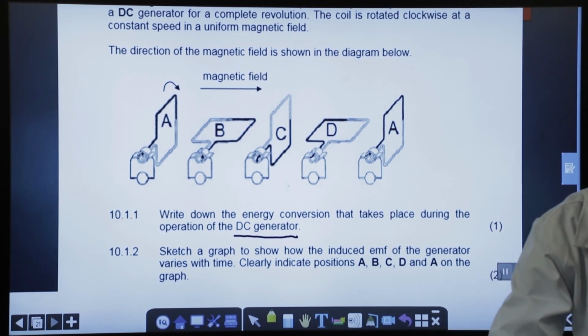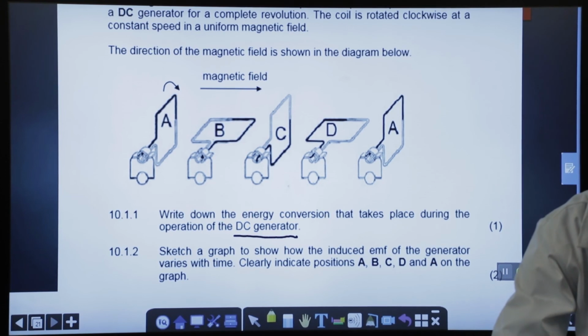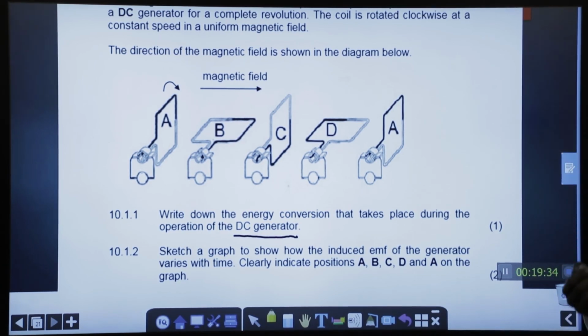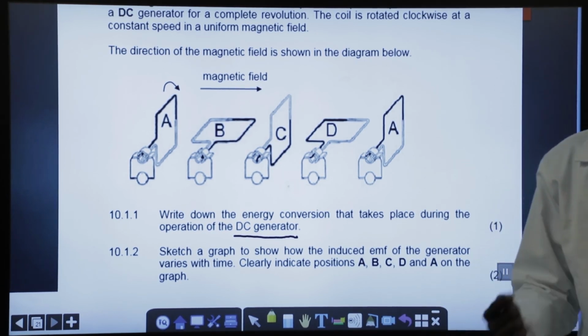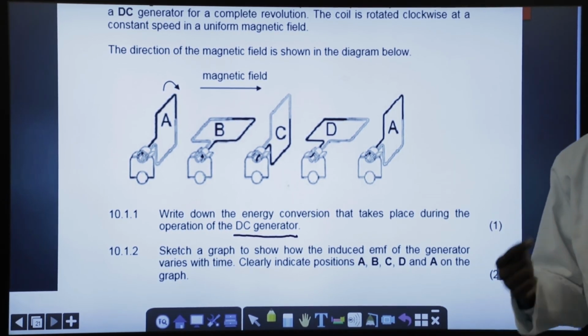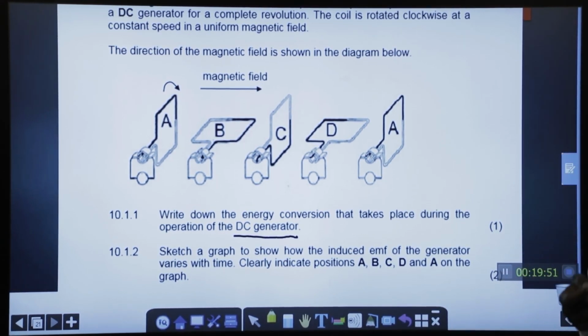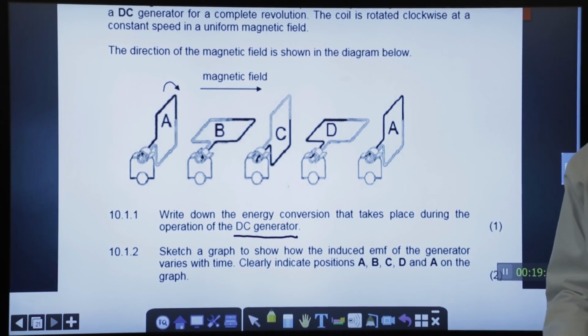The diagram below shows different positions A, B, C, D, and A of the coil in a DC generator for a complete revolution. The coil is rotated clockwise at a constant speed in a uniform magnetic field. The direction of the magnetic field is shown in the diagram below.